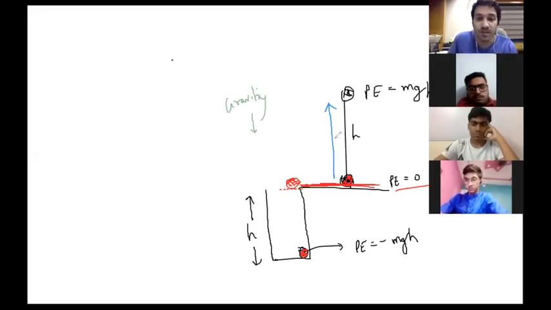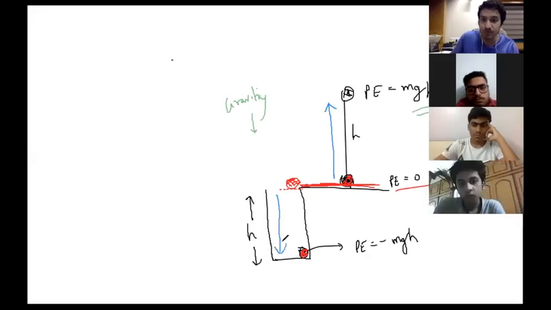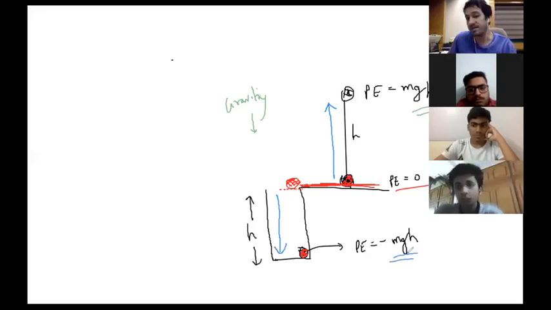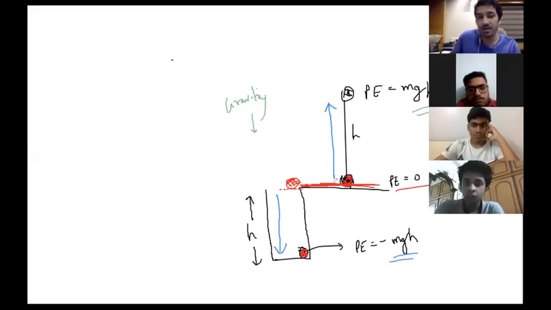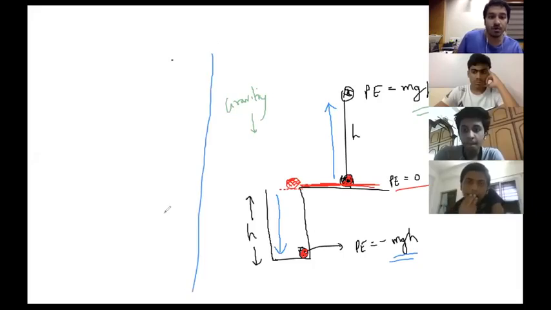So since I'm moving it against the force, what will happen? Its potential energy will increase. So from 0, it becomes mgh. But when I'm moving it downwards, in which direction am I moving it? I'm moving it in the direction of the force. Down. Yes. So what will happen to potential energy? It will become negative. Right?